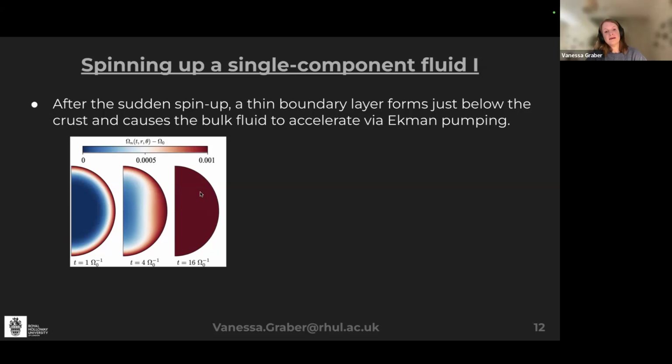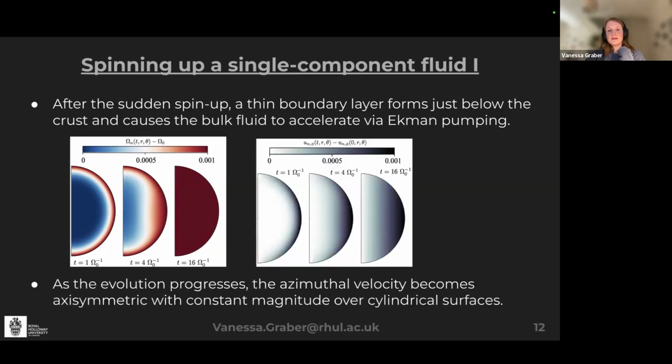And you see that within a relatively short amount of time, 16 over 1 in our dimensionless units, you really spin up the full sphere like you would expect, also from analytical calculations that you can do in cylindrical geometry.